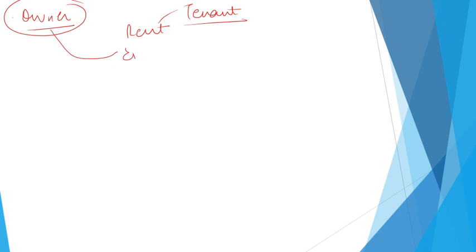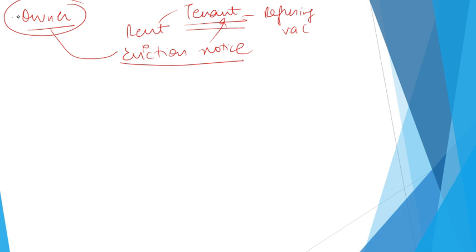If you see this example, this is the owner and this is a tenant. Tenant has not been able to pay the rent, and because of that, owner has sent the eviction notice to tenant. All right, but tenant is still refusing to vacate that place.